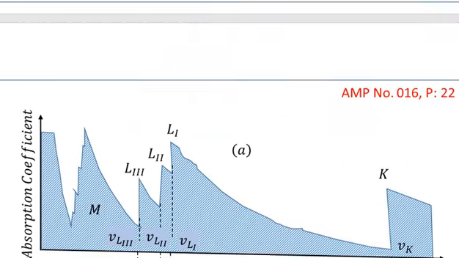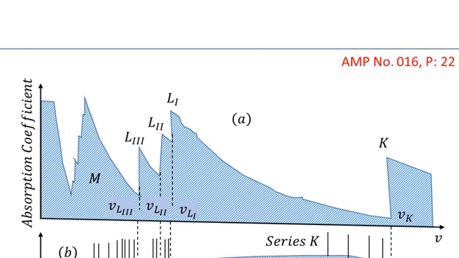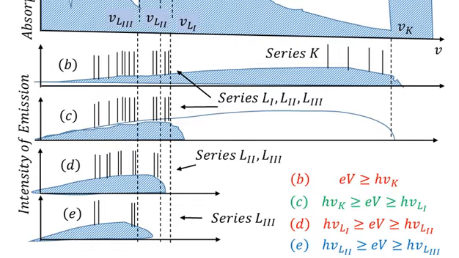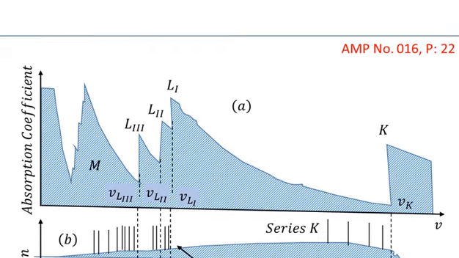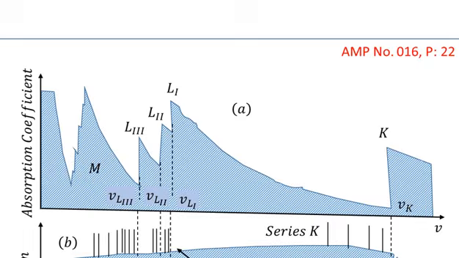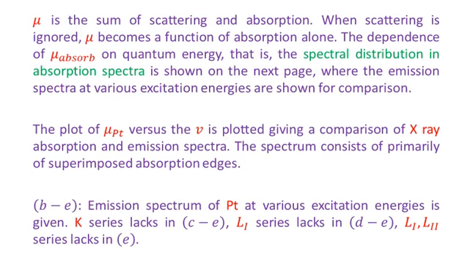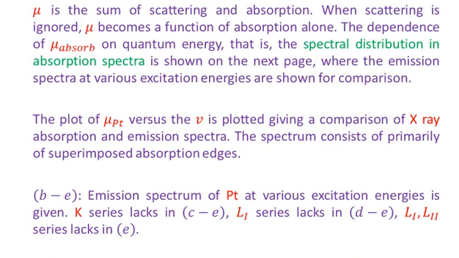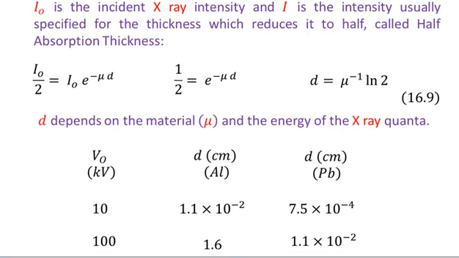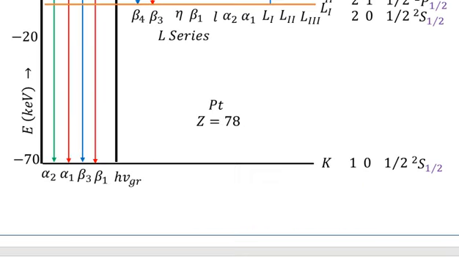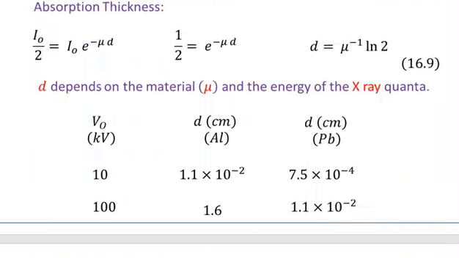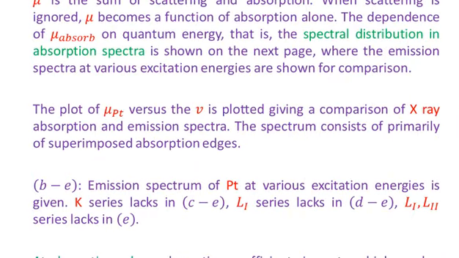The same over here. At the top we have the absorption spectra, and B, C, D and E represent the emission spectra. And this plot is for platinum, Z is equal to 78. The spectrum consists primarily of superimposed absorption edges.